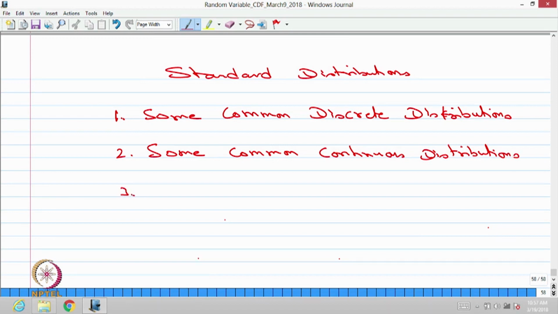Third, we are going to discuss some applications of random variable. That means we are going to discuss some problems which are related to these common discrete and continuous distributions. Let us start with some common discrete distributions.